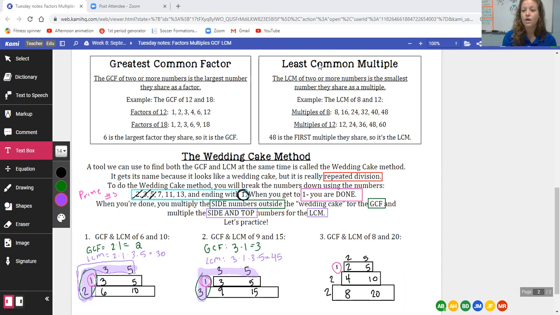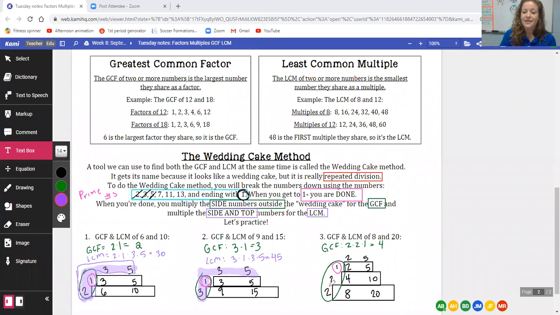Okay, so now we're going to find the GCF. What numbers am I multiplying for that GCF? Remember, it's the side numbers. So we would take all of these on the side, which would be 2 times 2 times 1, which equals what? 4. So the GCF is 4.